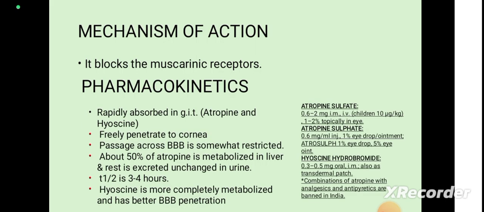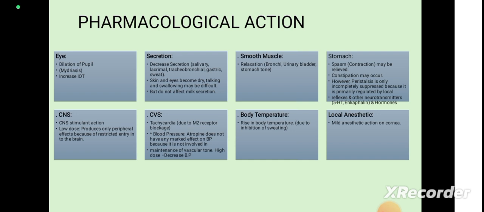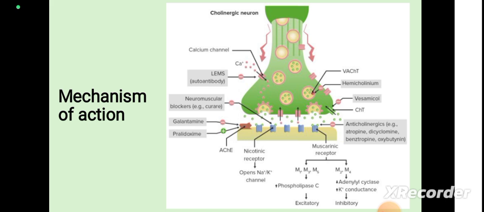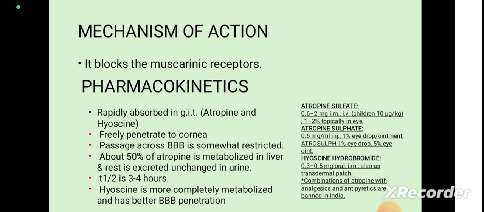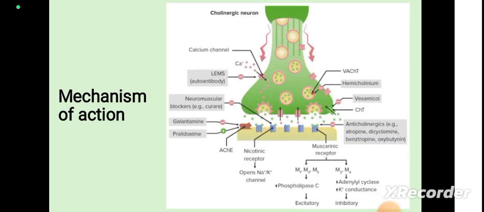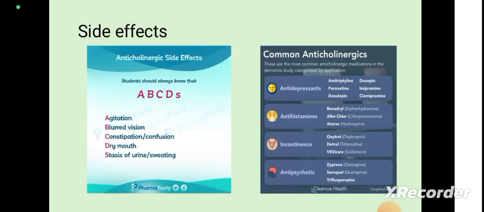Then we have pharmacological action. There is a lot of pharmacological action in different parts of the body. Next we have pharmacokinetics. We already know about atropine sulfate and hyoscine hydrobromide. So those were the drugs given. Then we have side effects.